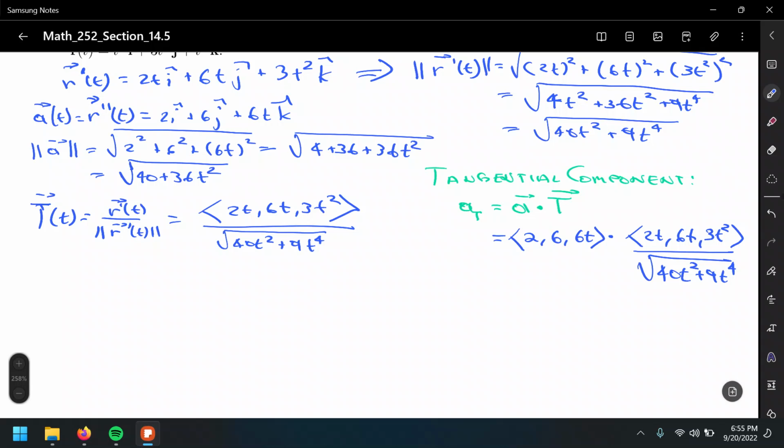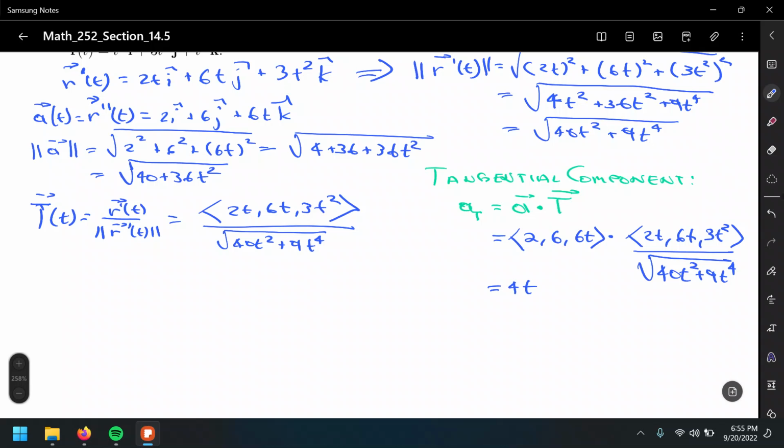We do component by component, and in the end we add up whatever like terms we have. However, recall that the dot product is going to output a scalar, not another vector. So let's see. That's 2 times 2t, that's 4t.